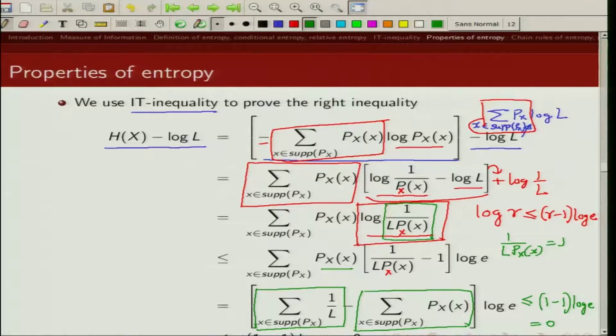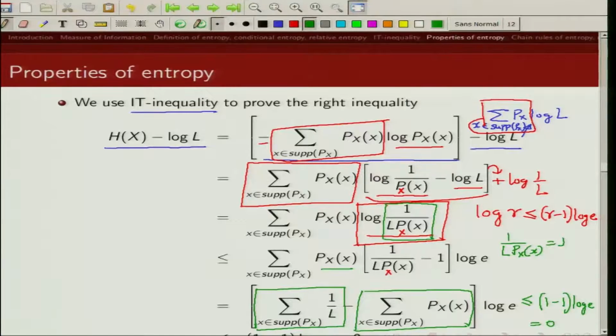So, P of x should be 1 by L for all x belonging to the support set of P. In other words, Px should be uniformly distributed. So, when my discrete random variable is uniformly distributed, I will have h of x equal to log of L, and that is the maximum uncertainty associated with x.